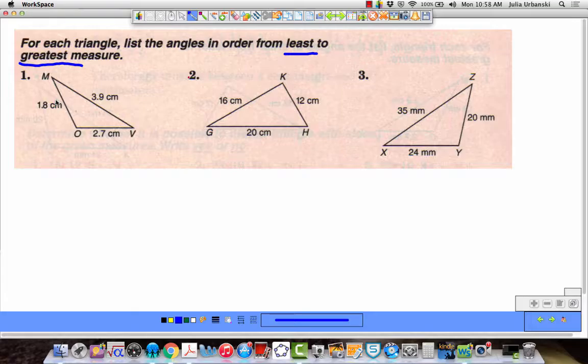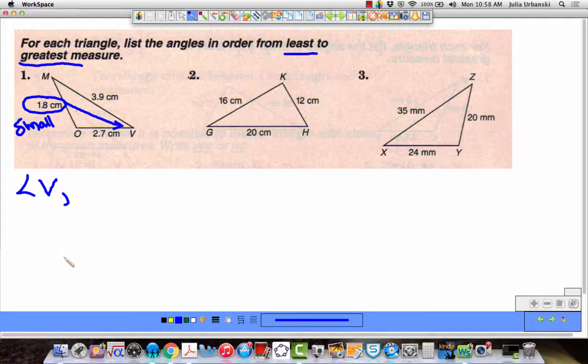Oh no, across has to be another angle, not another side. Angle B. Yep. This is the smallest. And across means that it's another angle. It can't be another side. So angle B is the smallest angle.